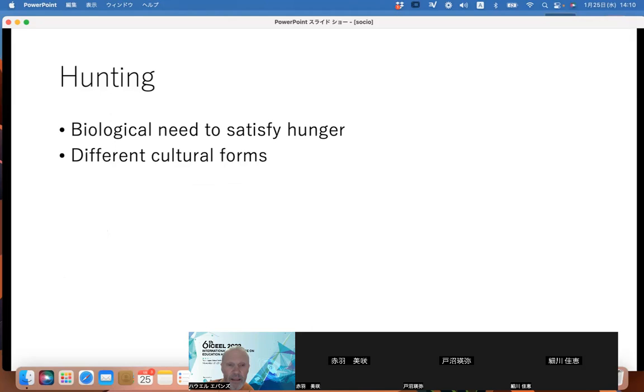In a way, they're all doing the same thing, but doing it in different ways. We're all trying to get some food, satisfy hunger, but we have different cultural forms for doing that. You might be just going to a supermarket and buying food rather than hunting for animals. So the basic biological need is the same, but there are different cultural forms.